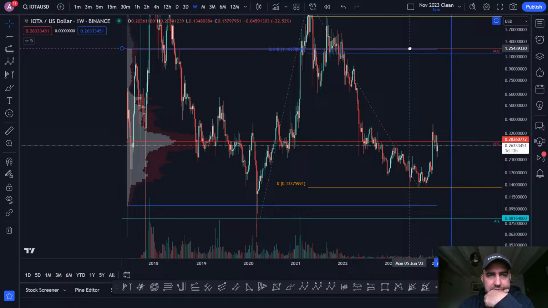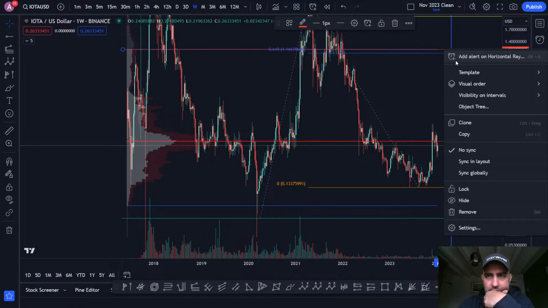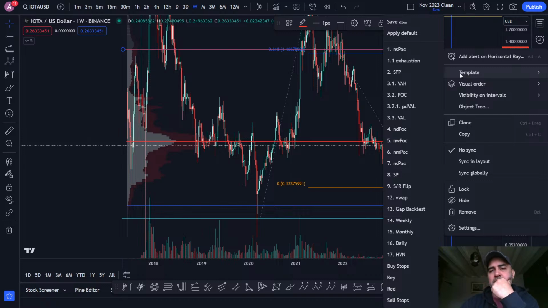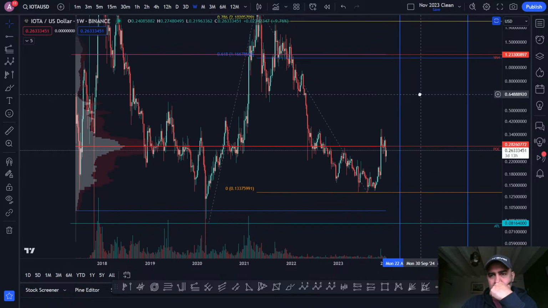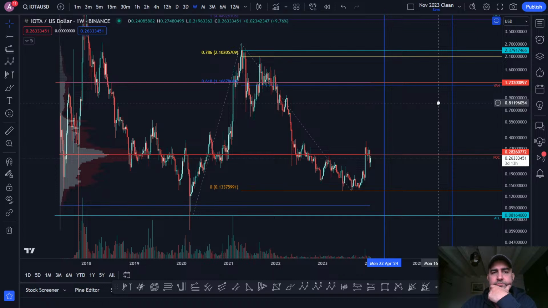Mark this one out as well. You see how that value area high almost lines up with the 618 extension of this trend-based fib.